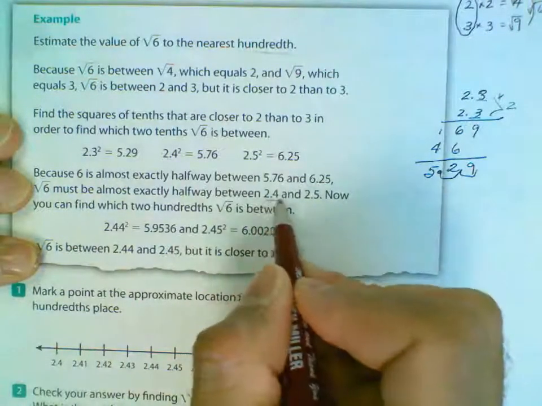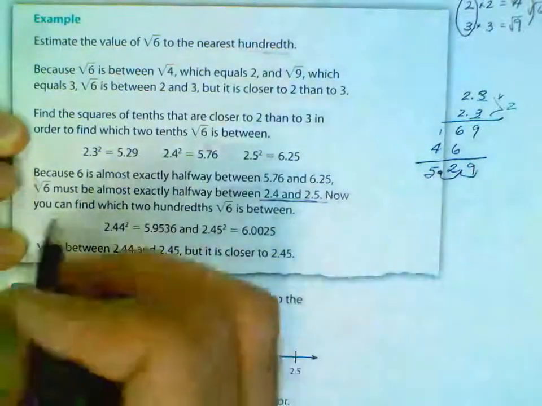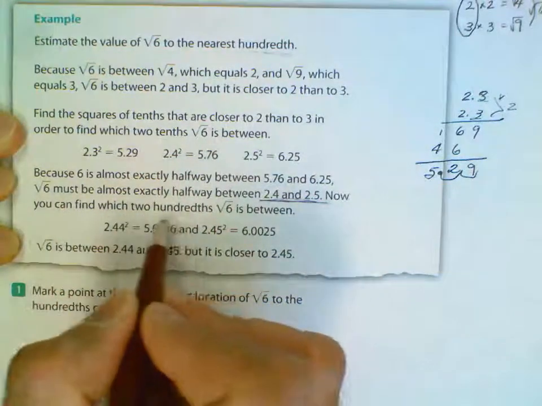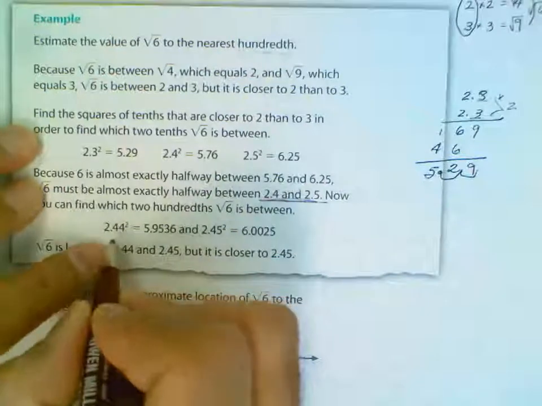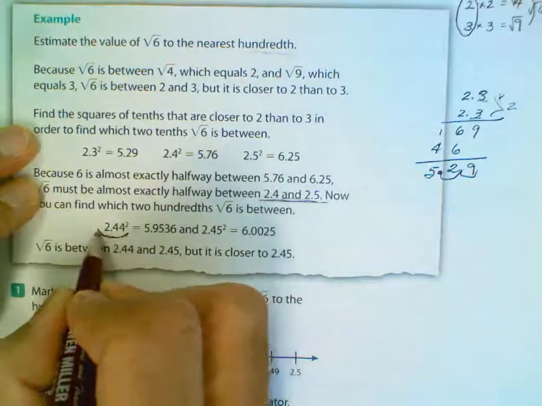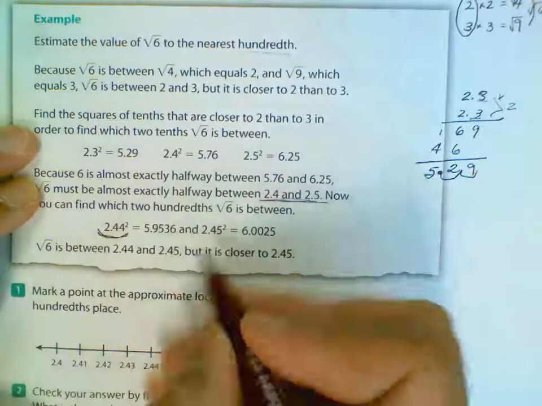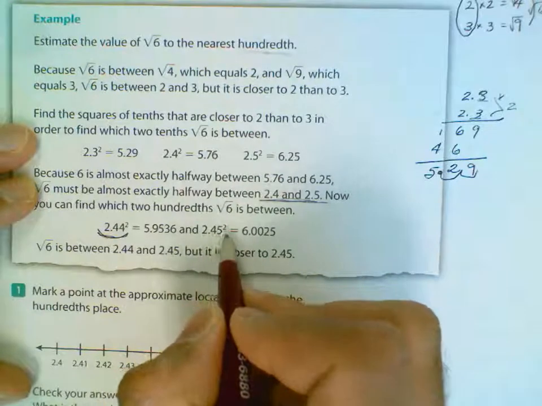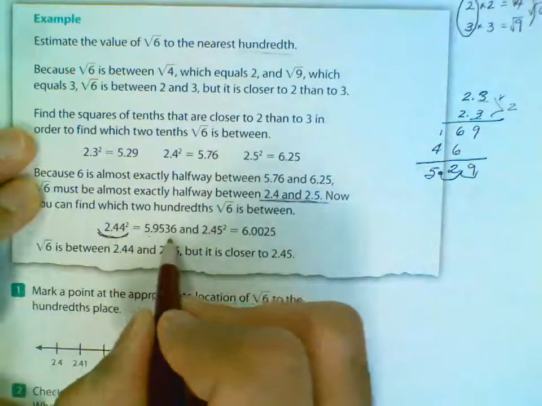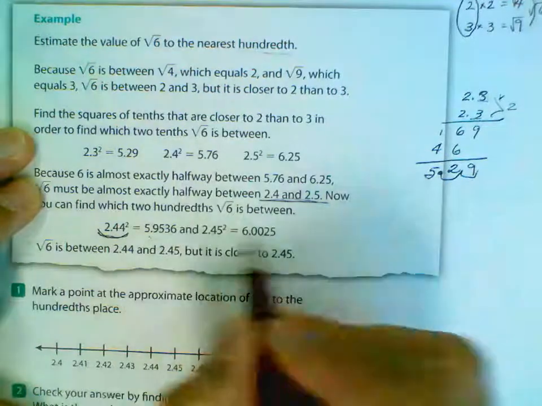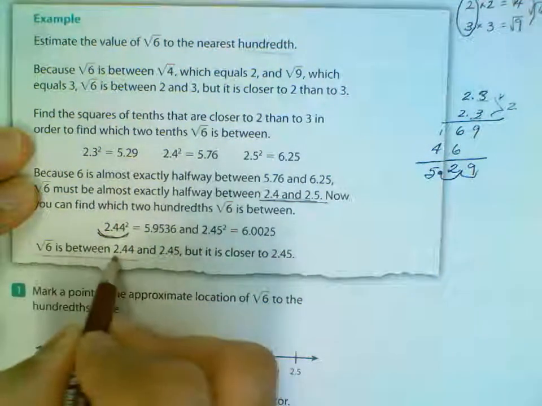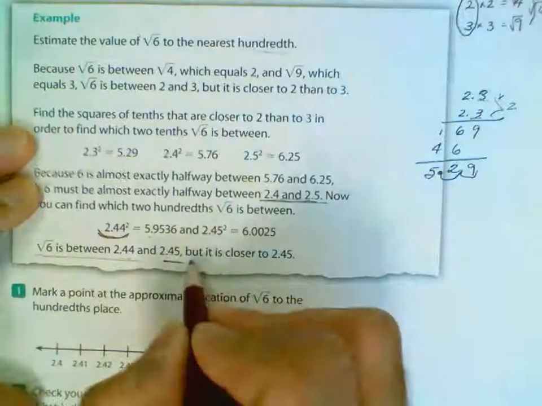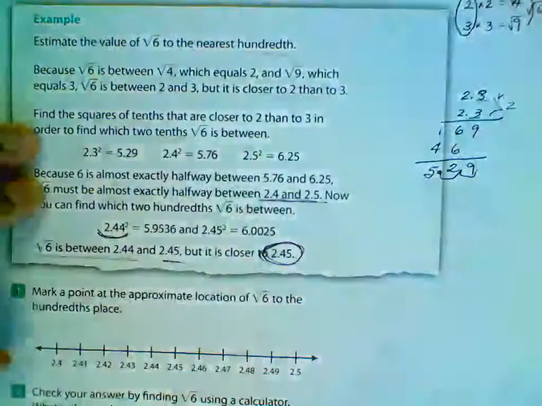So that one has to be between these two points. Now we can find which hundredths the square root of 6 is between. In this case, we have between 2.44 squared and 2.45 squared. So we get these two, 5.9536 and 6.0025. So the square root of 6 is between 2.44 and 2.45, but it's closer to this value.